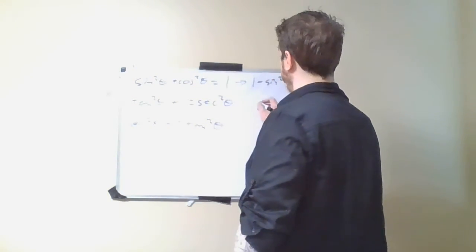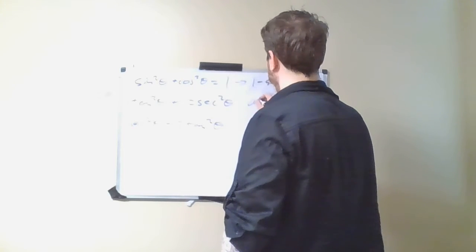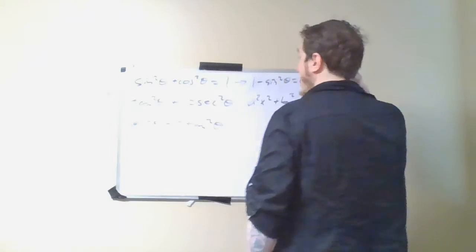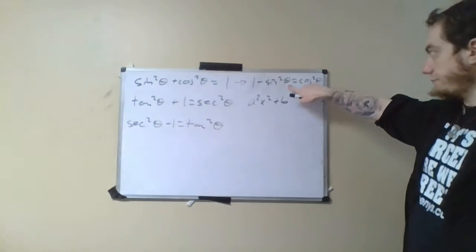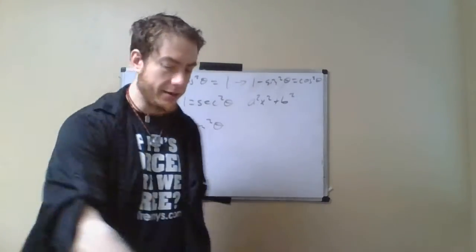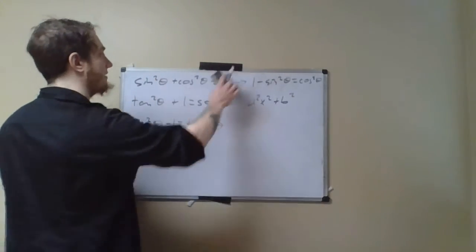So the second case is going to be when I have something that looks like a squared x squared plus b squared. In this first case, let me erase this so that I can write everything next to each other.